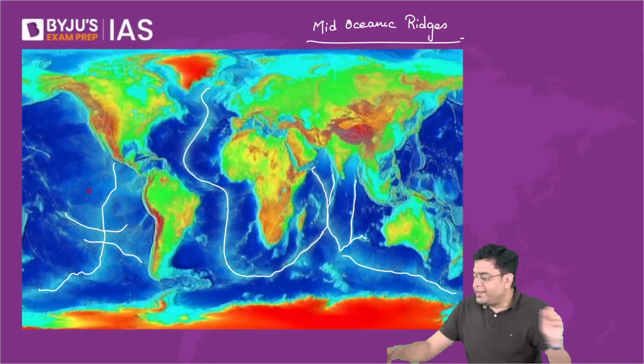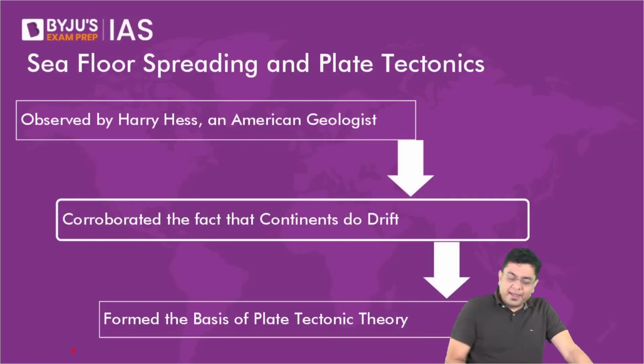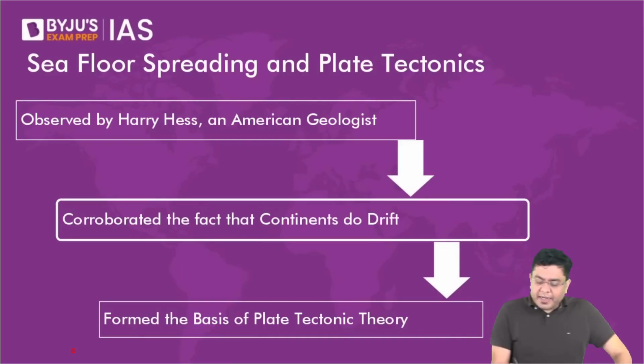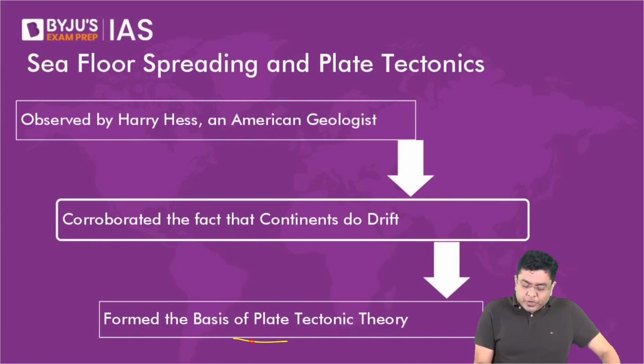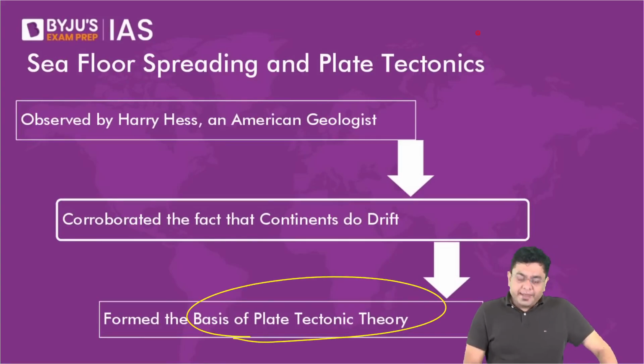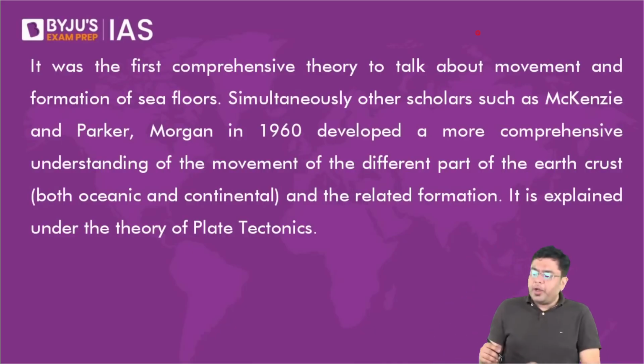So basically, this is your seafloor spreading theory. Seafloor spreading theory was observed by Harry Hess and corroborated the fact that the continents do move away from each other in the case of the Atlantic, and eventually formed the basis of the plate tectonics theory. It was the first comprehensive theory to talk about the movement and formation of seafloor.